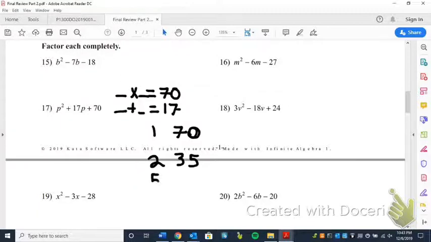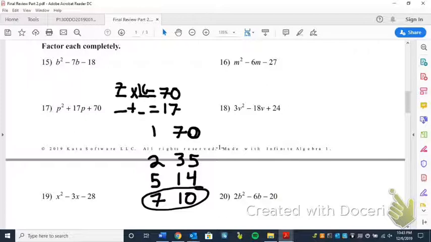So when we're factoring out c, we get 1 and 70, 2 and 35, 5 and 14, 7 and 10. 7 and 10 works because we know that 7 times 10 equals 70, and 7 plus 10 equals 17.